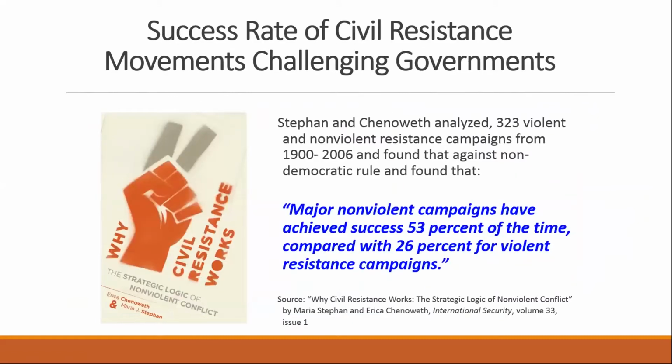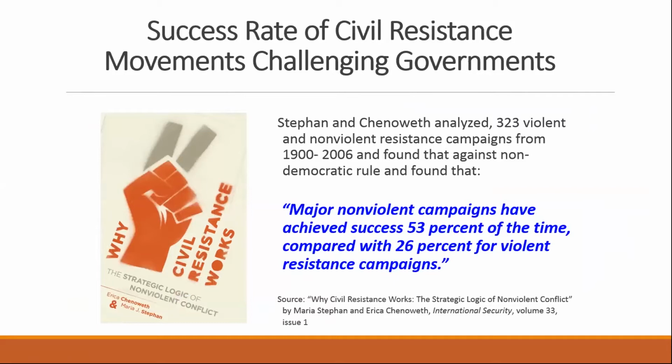So the first thing was that they looked at 323 violent and nonviolent resistance campaigns from this period of 1900 to 2006. And what they found is that in overthrowing non-democratic rule and creating more democratic openings, nonviolent civil resistance campaigns achieved success 53% of the time, compared with only 26% for violent resistance campaigns.